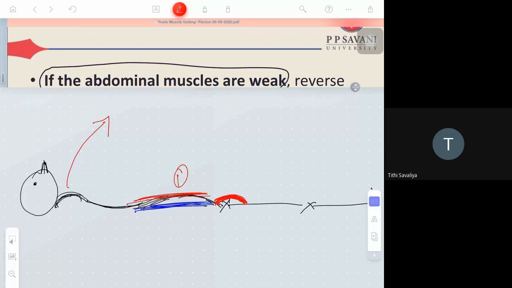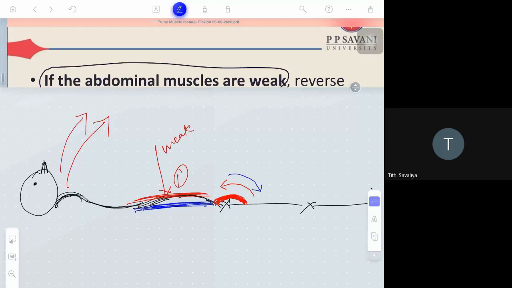If abdominal muscles are weak, then the hip flexors will function in the reverse direction. What is the normal function of the hip? Normally the hip functions in this direction. That is femur flexion. So what is reverse action? This one is called reverse action.